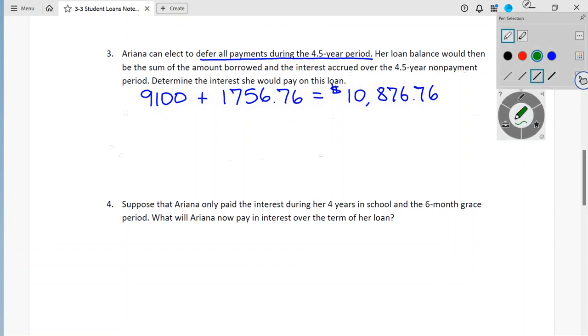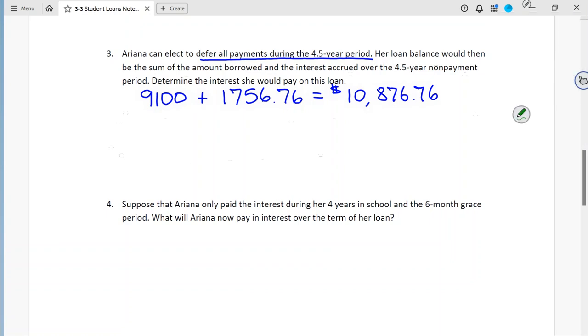Now, to figure out how much she must pay, we have to go to our monthly payment formula. Remember that big old formula? Okay, where the amount that she's paying off is this $10,000 number. So $10,876.76, okay, times R over N, which is the interest rate, which we don't have here, but on the previous page, that interest rate was 0.0429.